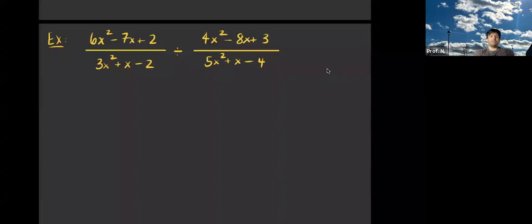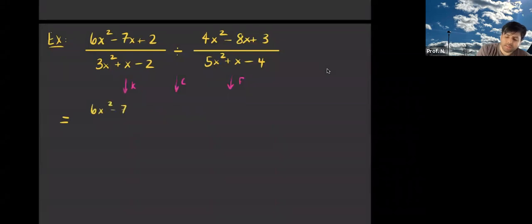Okay. So here we have lots of trinomials that we need to factor. I'm going to call these 1, 2, 3, and 4. But before we do anything, let's always keep, change, and flip.